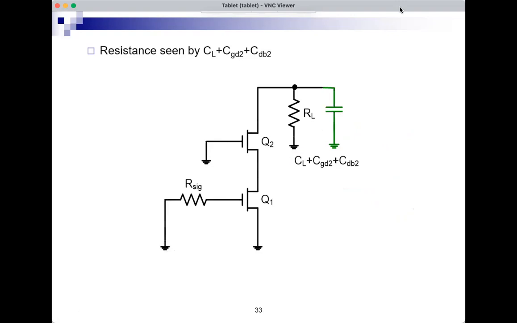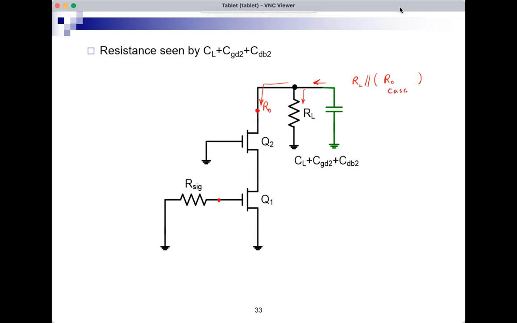For the green capacitors, what is the resistance seen by them? So here I see RL, and in parallel with RL, I see this. So RL in parallel with, what is this? I'm looking into the output of the Cascode with nothing at the input. And therefore, this is RO of the Cascode.